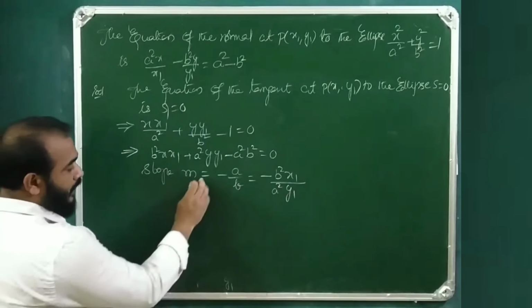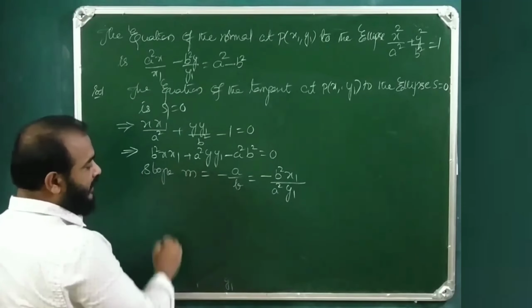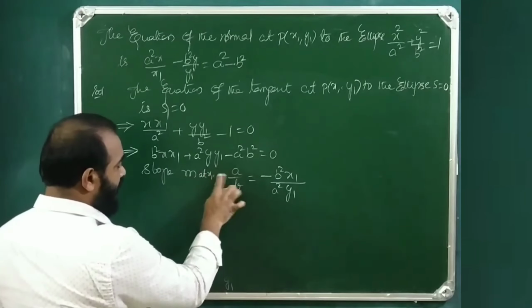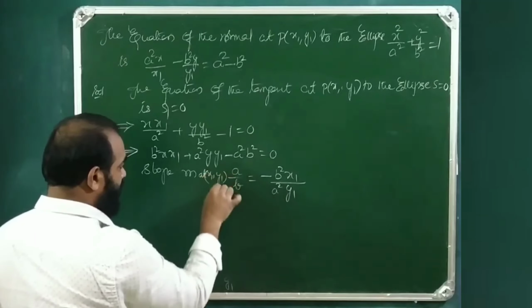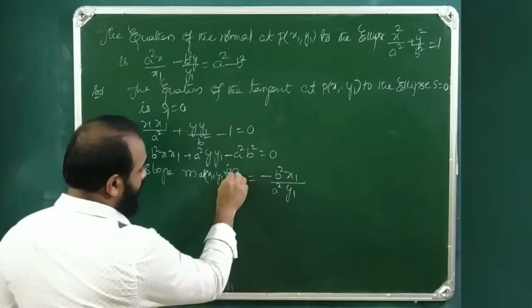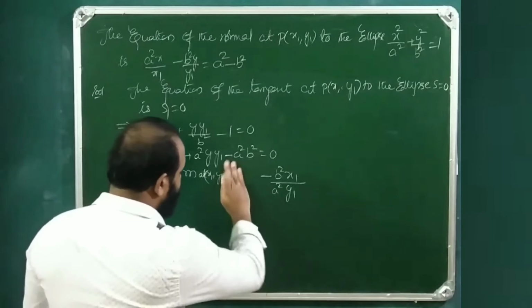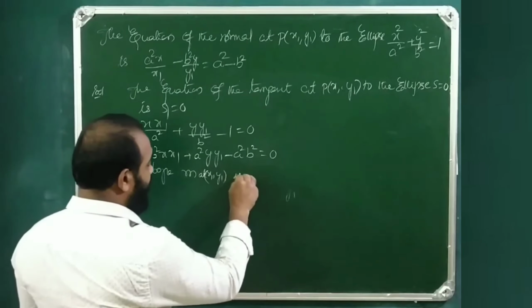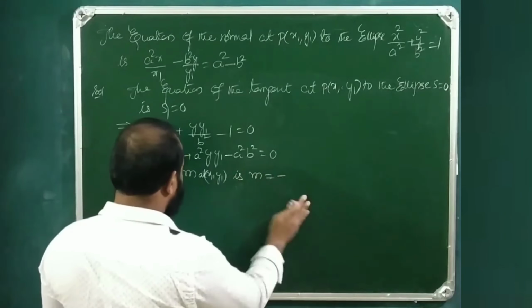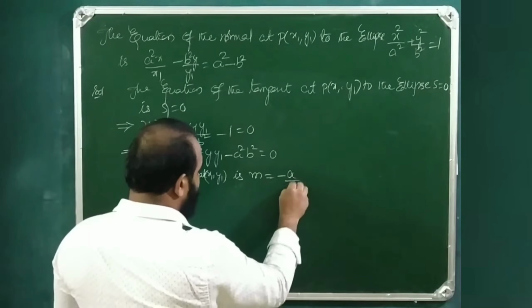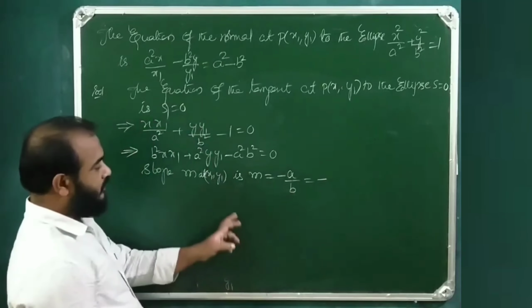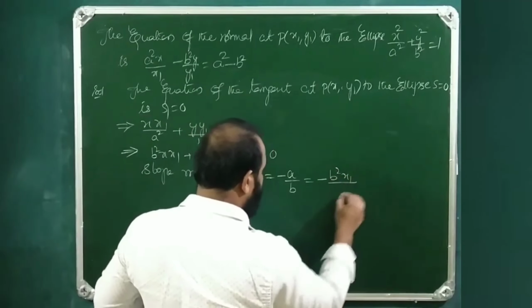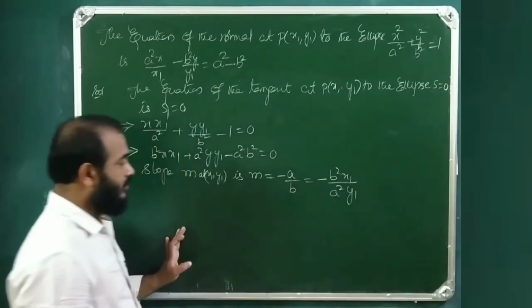So what is the slope? m, dy by dx at x1, y1, is minus coefficient of x by coefficient of y. So this is minus b square x1 by a square y1.